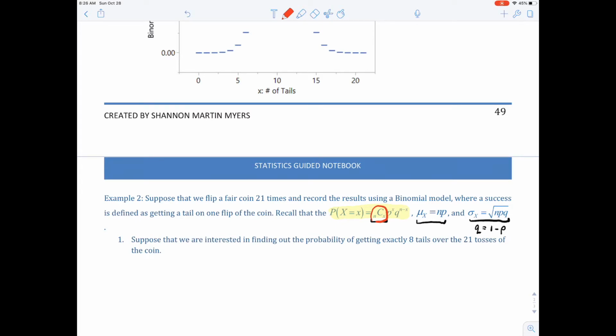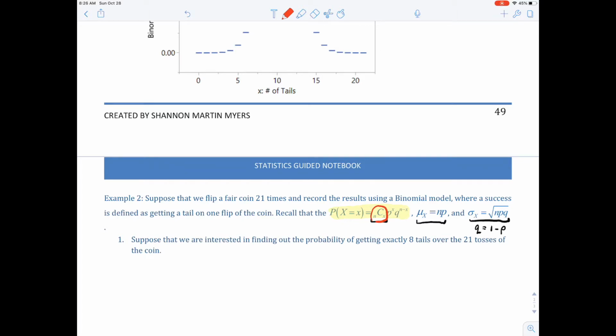So you're basically saying, from 21, how many combinations are there that I can choose x? If you wanted to find the probability that you got 8 tails, this n choose x part would be, how many ways can I choose 8 tails from 21 tosses, right?